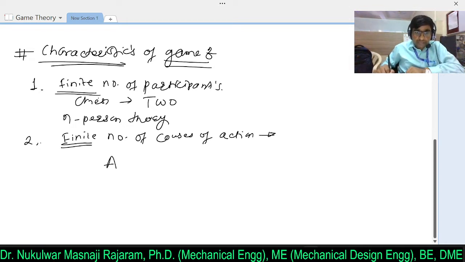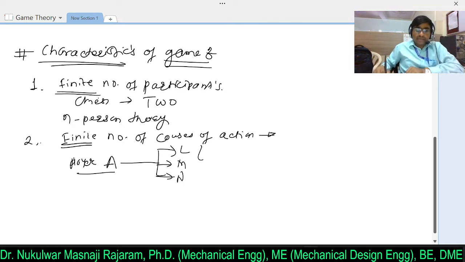If I consider a player A, this competitor must have a finite number of plans or courses of action, let's say L, M, N. Player A has these 3 courses of action. So this is one of the characteristics of the game.